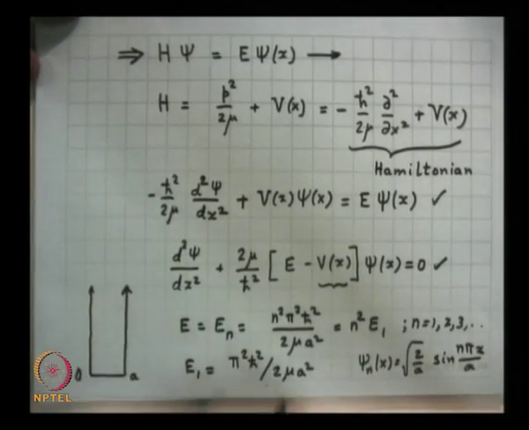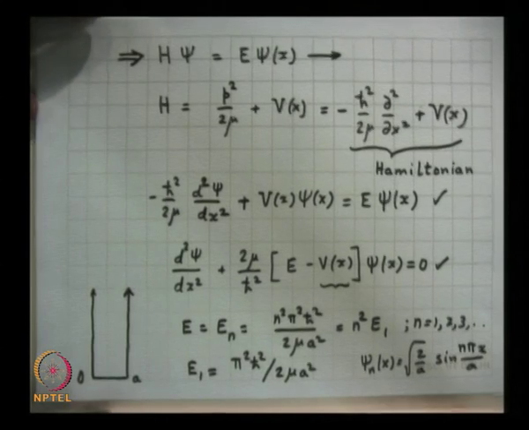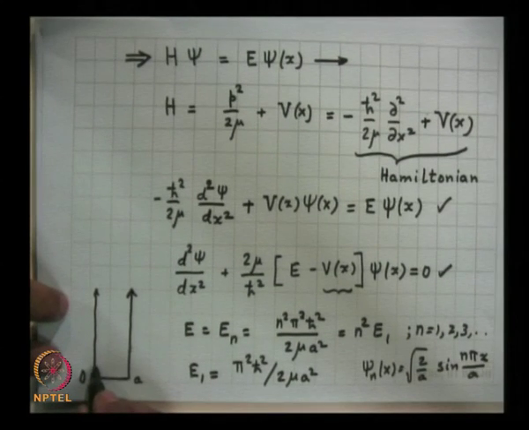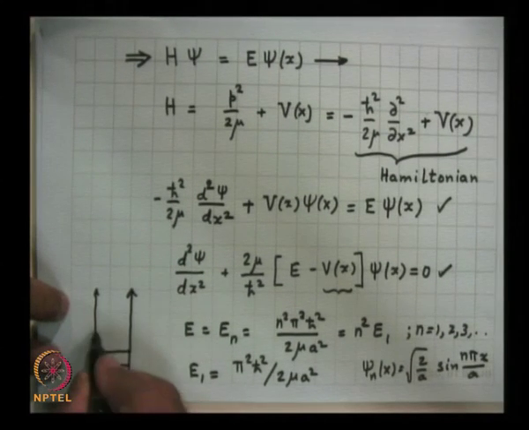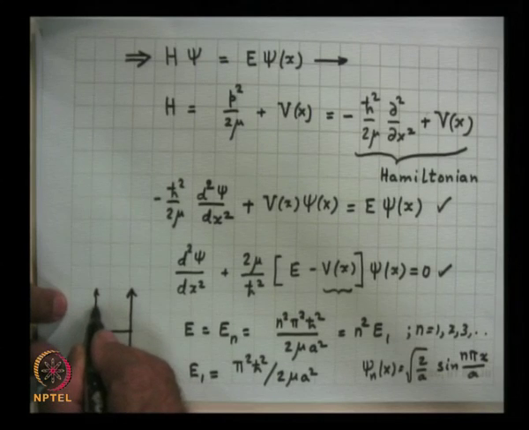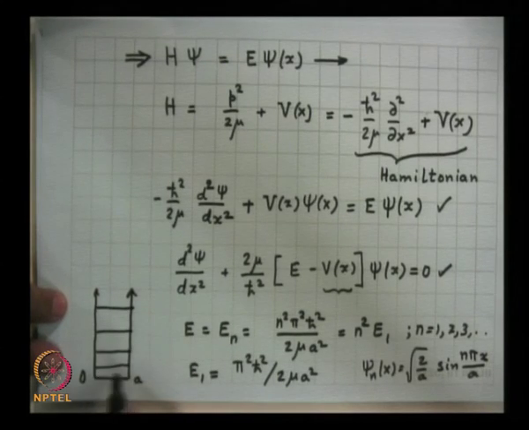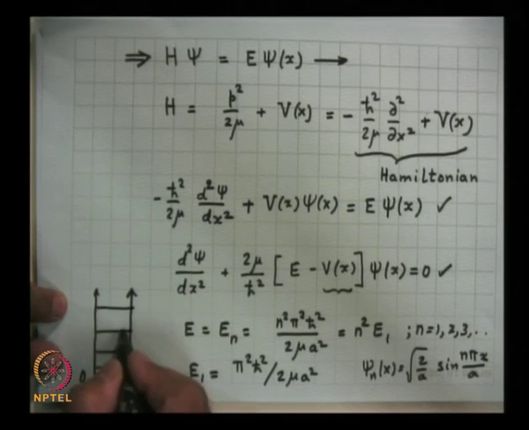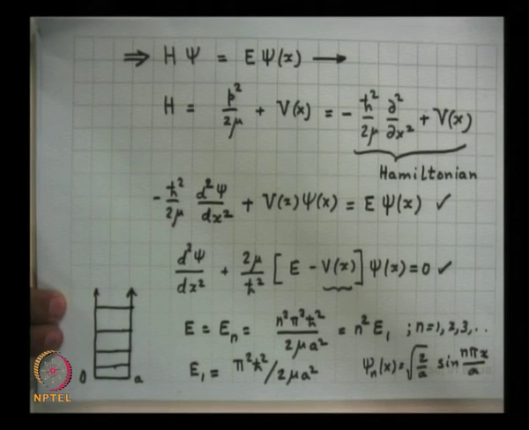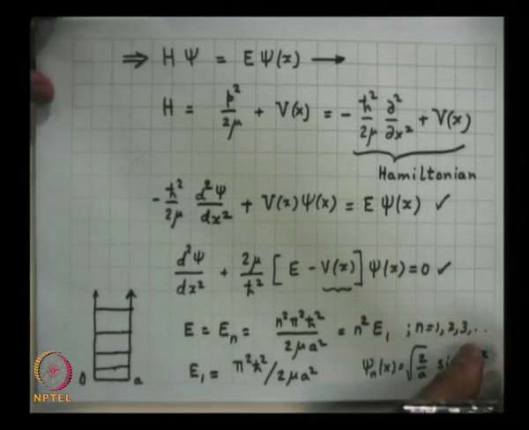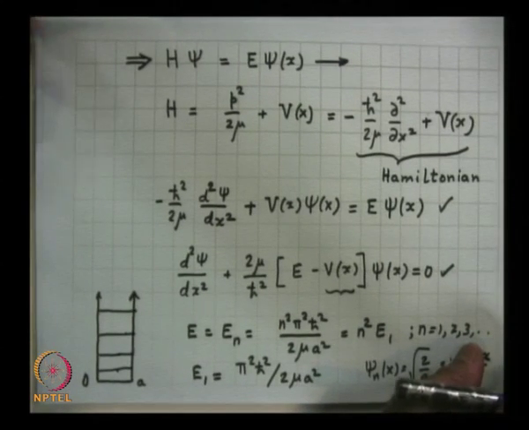In my previous problem, you remember that we had explicitly determined the energy eigenvalues. So, this is my ground state, this is the first excited state, this is the second excited state, this is the third excited state, n equal to 1, n equal to 2, n equal to 3, n equal to 4, etc. So, we do not take a specific form of V of x.